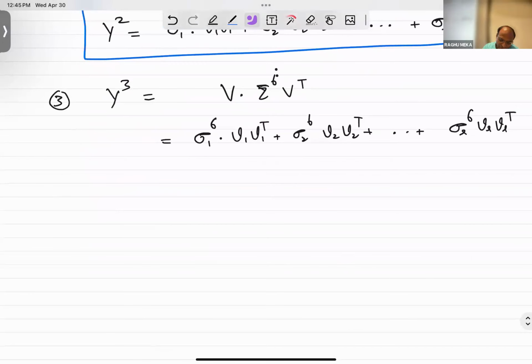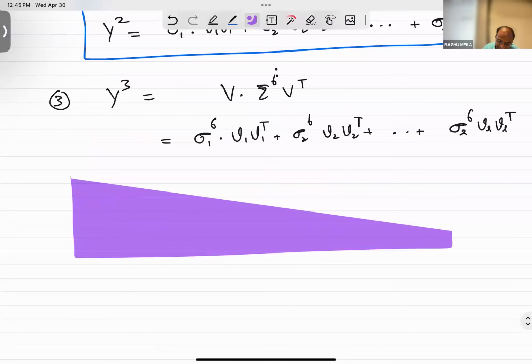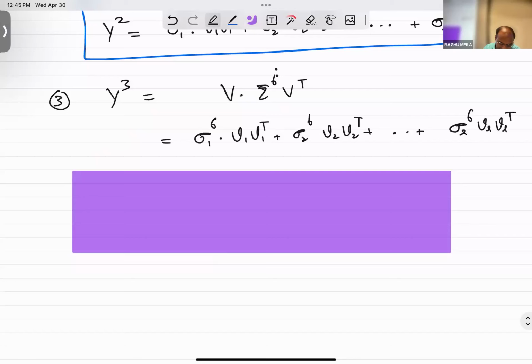So overall, I get this identity: if I take this matrix Y and raise it to the power L, then this is just sigma 1 to the 2L times v1 transpose plus sigma 2 to the 2L times v2 transpose plus so on.